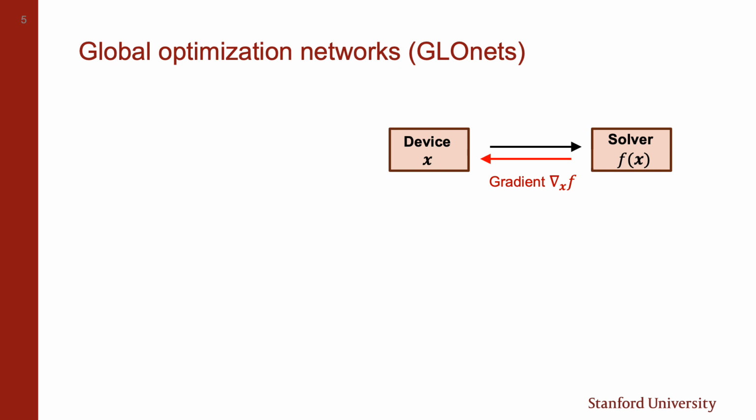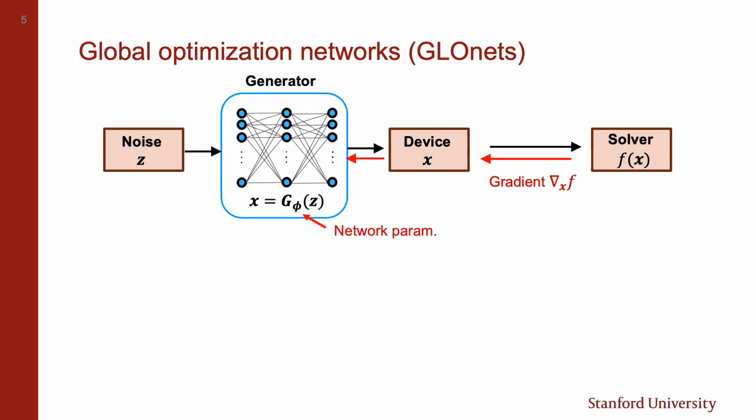The idea of the GLOnet is to introduce a generative neural network to produce the design variable x of the device. The input of the generator is a random noise vector z, which is usually sampled from the uniform distribution or standard Gaussian distribution.